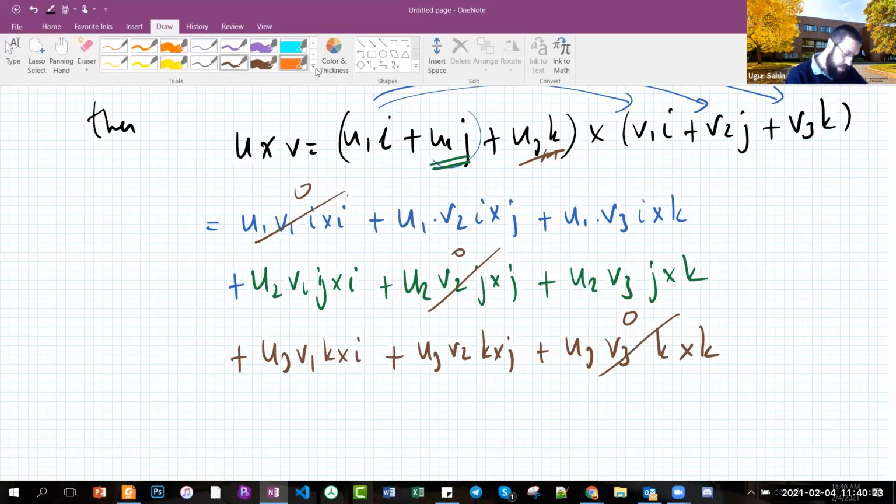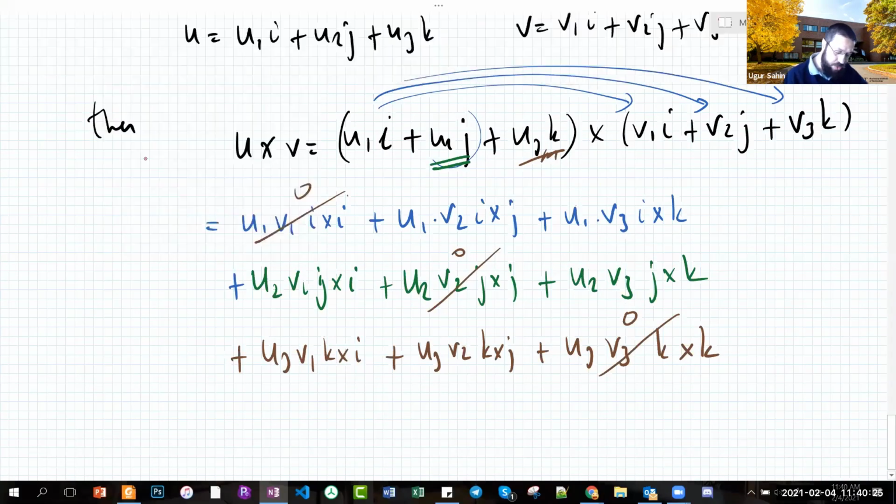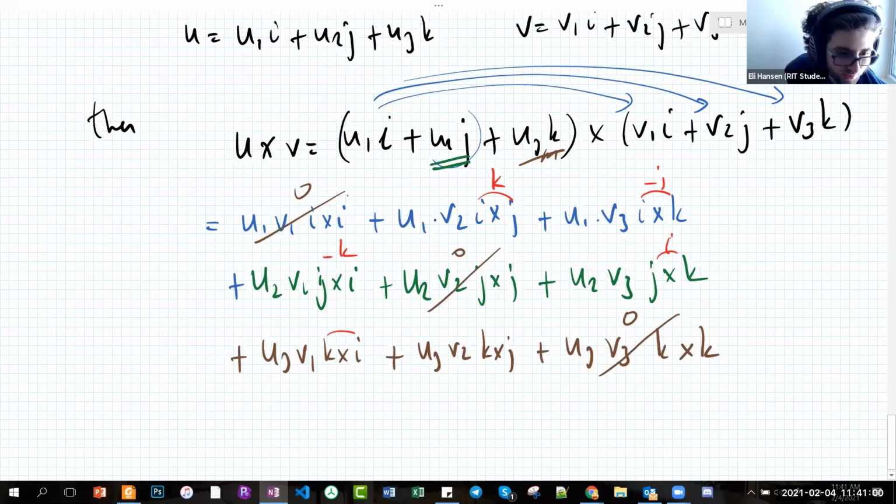And I know how to multiply these cross products. i times j is equal to k. i times k is equal to negative j. j times i is negative k. j times k is equal to i. k times i is j.